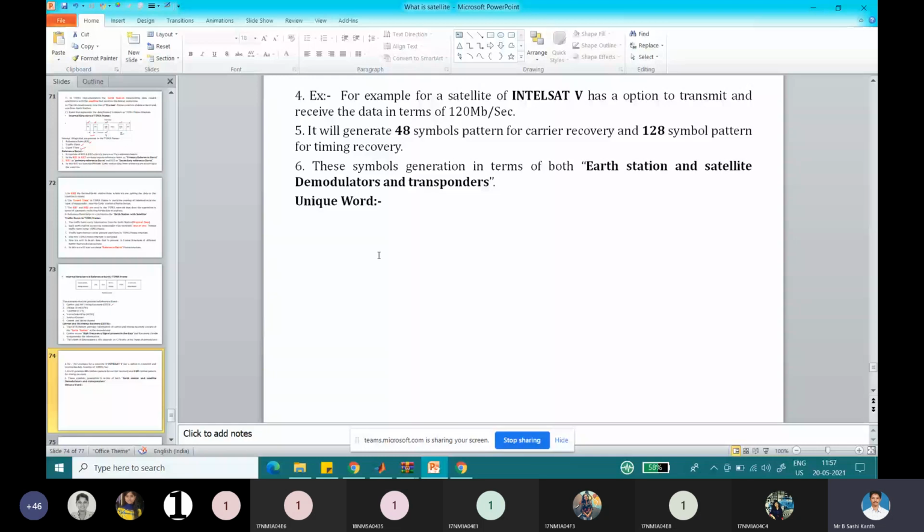Next we are going to start with the unique word. What is meant by this unique word?